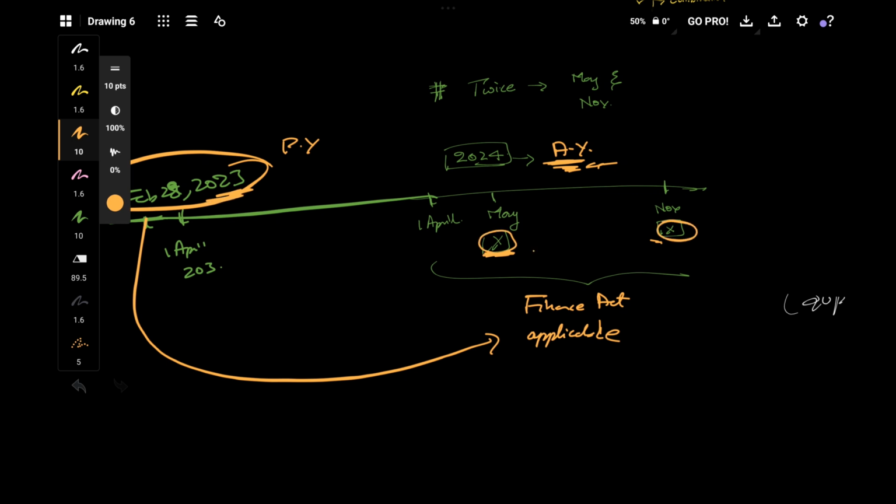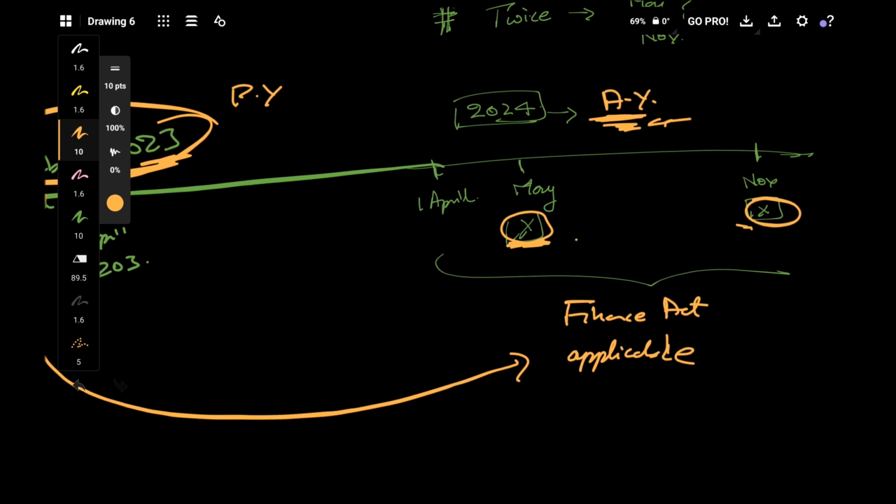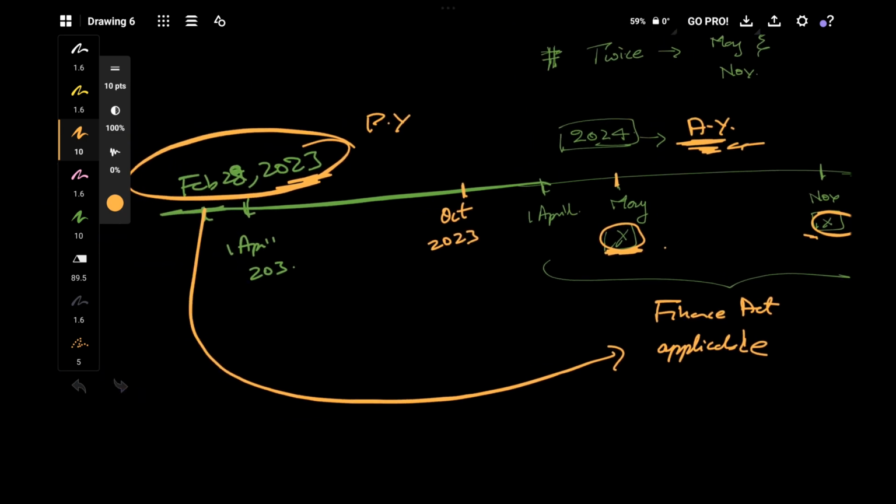This is the concept. Apart from this, what happens is, from October 2023 till the Finance Act is passed in Feb itself, in this span there may be some important changes.